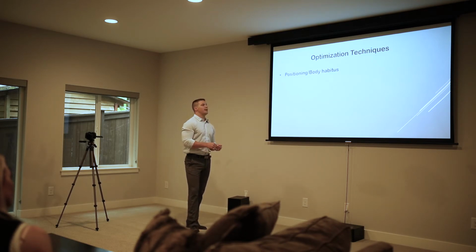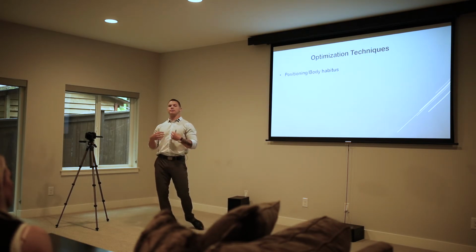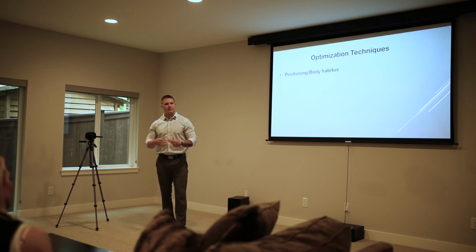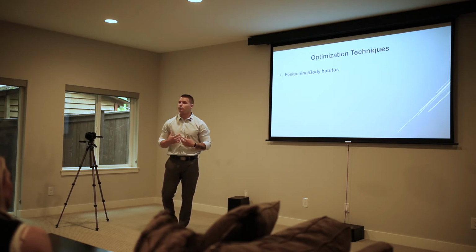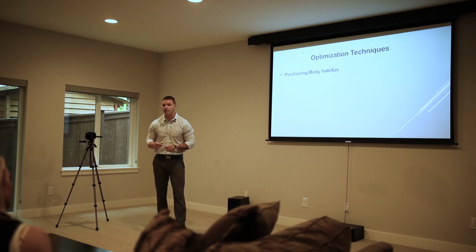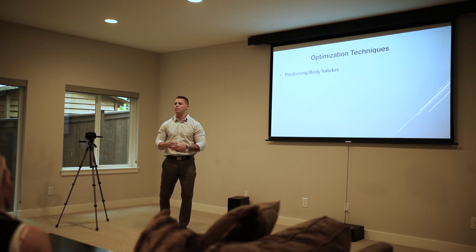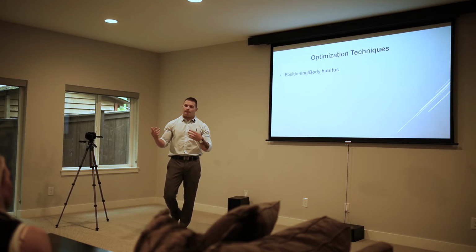Positioning and body habitus. As you sit up your patient, any position you have your patient in, keep in mind that that either takes away pressure on their thoracic cavity or applies more. Oftentimes with our bariatric patients, we have them lying flat on spine boards, things like that, or just lying flat in general.